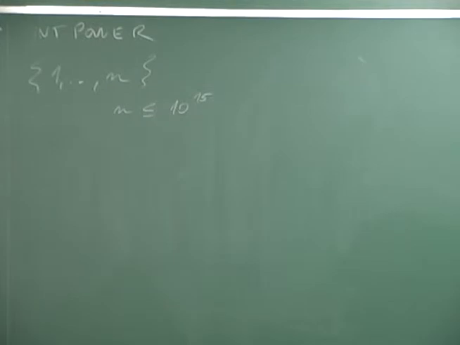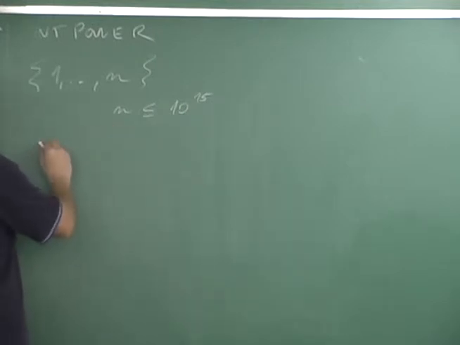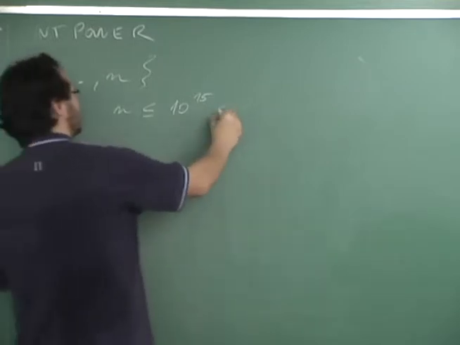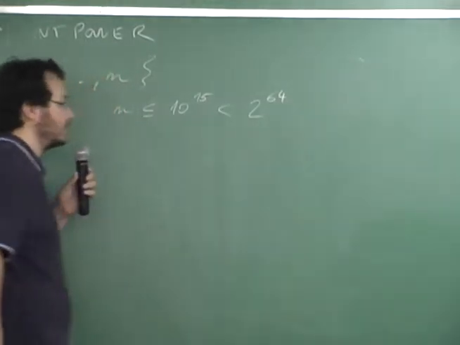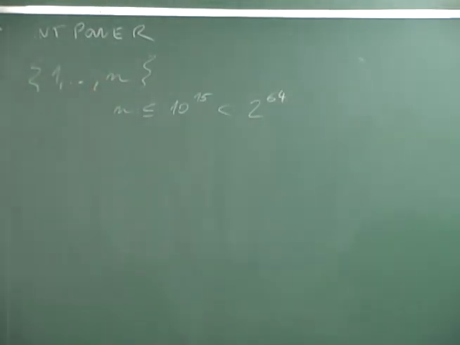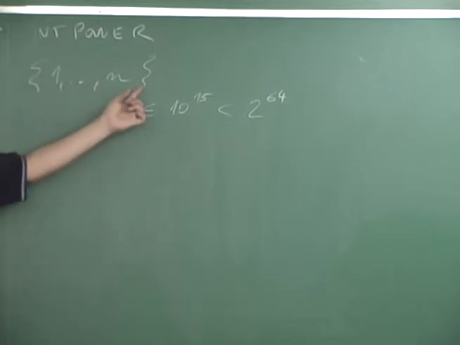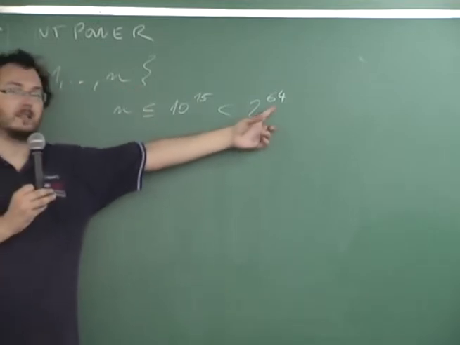So the crucial observation here is the powers of numbers tend to be very small. The maximum power we can encounter is less than 64, because n will fit into a 64-bit integer variable, so no number in this set can have a power larger than 64.